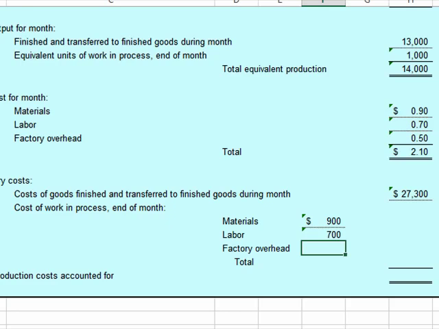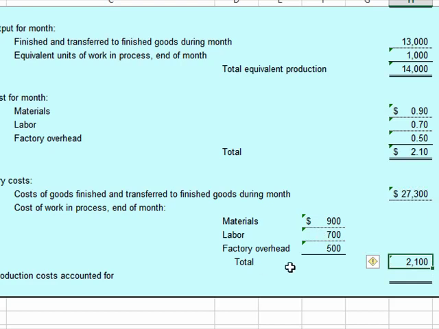And our 1,000 units times the unit cost for factory overhead. Here we could say the 1,000 units times the $2.10, or we could add all these up. Either way, you get 2,100.